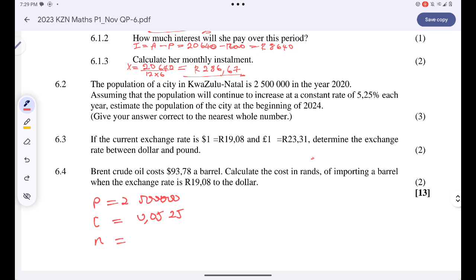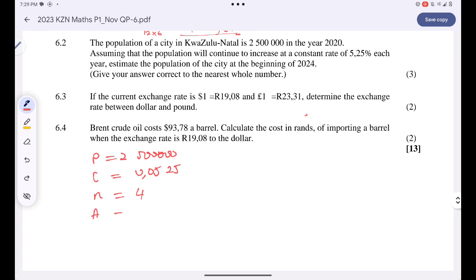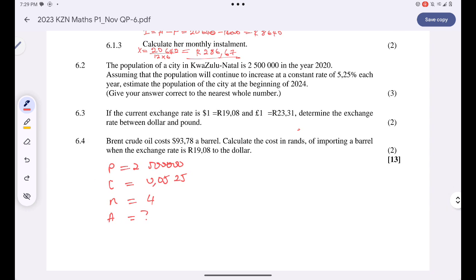And then N, the population from 2020. From 2020 to 2024, that's 4 years, right? I just want to find how much the population will have grown after 4 years. So A is equal to P(1 plus I times N).